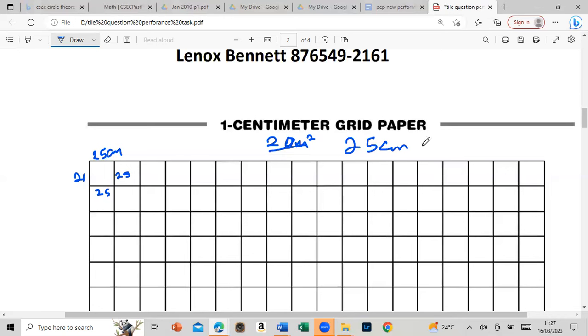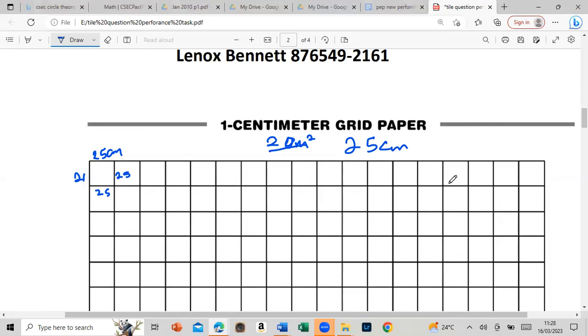One thing about it though, guys, I want you to think about one of the squares, which is a 25 by 25 centimeter.